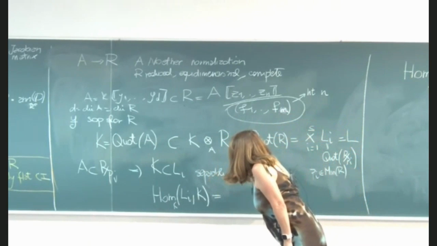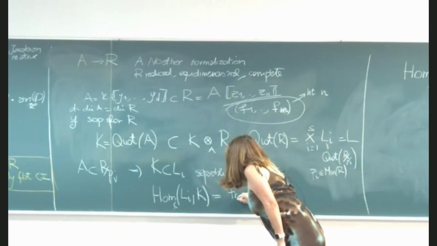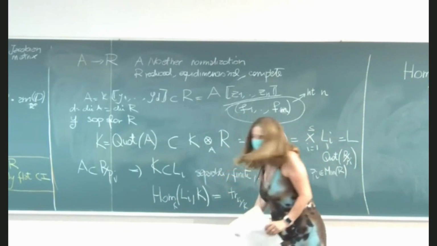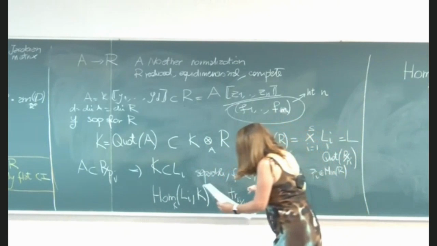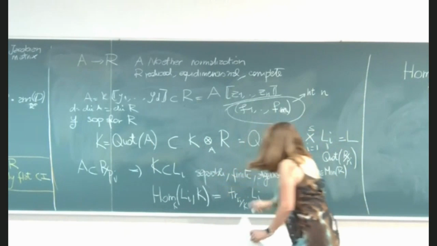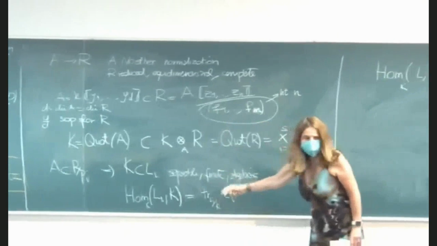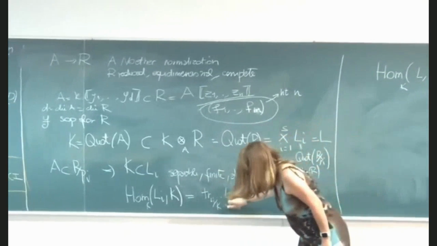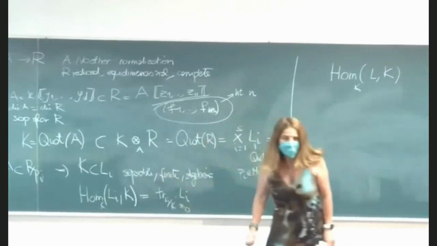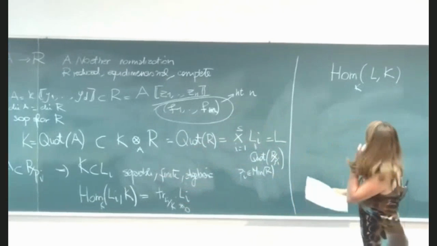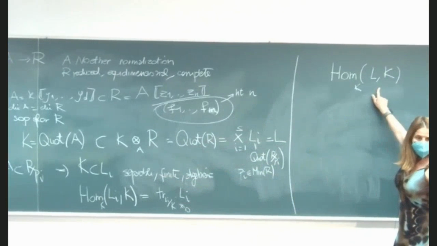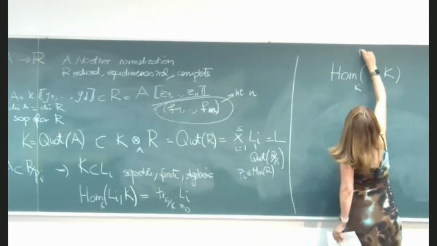Why? Because these are obviously one-dimensional vector spaces, so they are just generated by one thing. And what is that one thing? This is a finite separable extension, so it is generated by the trace of Li over K. Okay? So that we know.